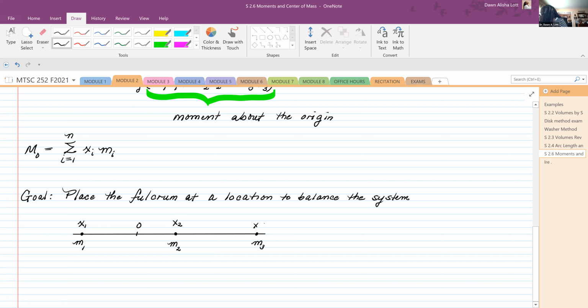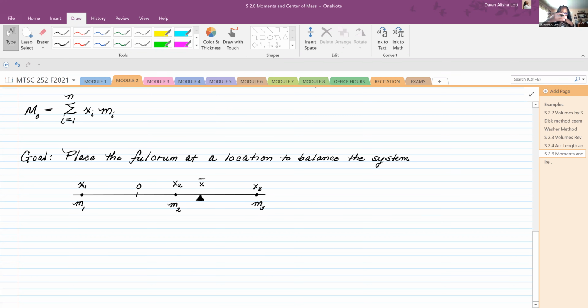And now I want to put the fulcrum right here. Based on the masses, I need my fulcrum right there. So this point is going to be for me the center of mass, which I'm going to call X bar.